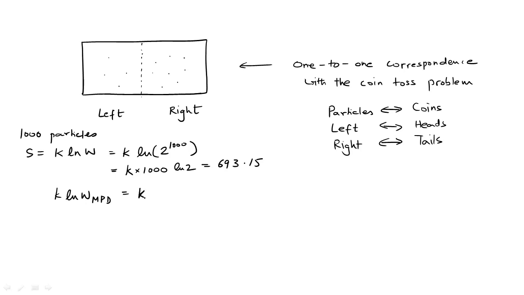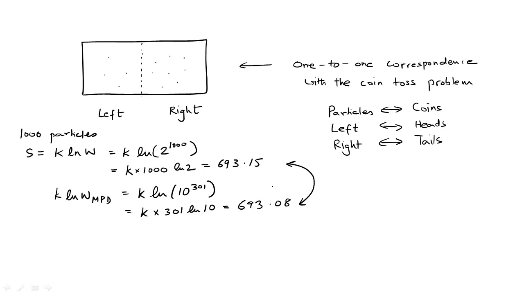That is equal to K ln 10 to the power of 301 from our previous discussion, and this is equal to K times 301 ln 10, which is 693.08. The log of the total number of ways is so close to the log of the number of ways in the most probable distribution.